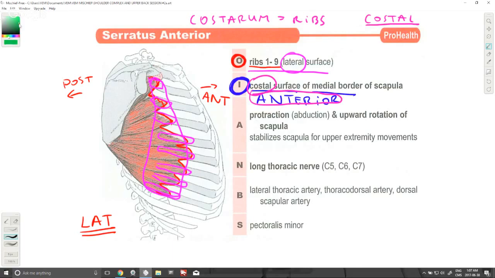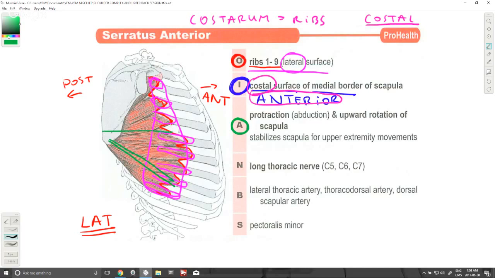Action. Okay, so here it is gonna get a little tricky. Here Wisniewski states only main actions, but there are more than that, really, because we can see clearly that some of these fibers are pointing downwards.